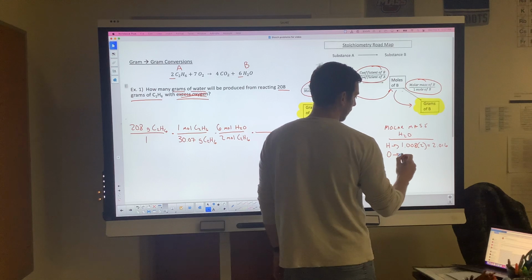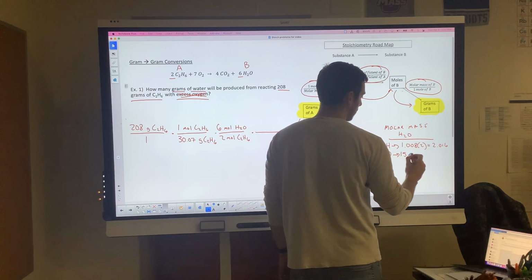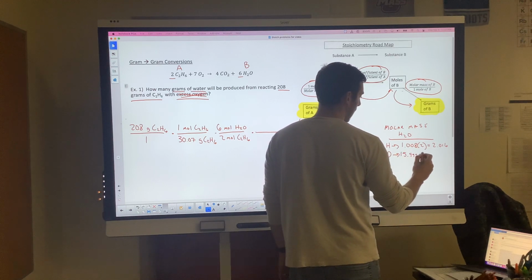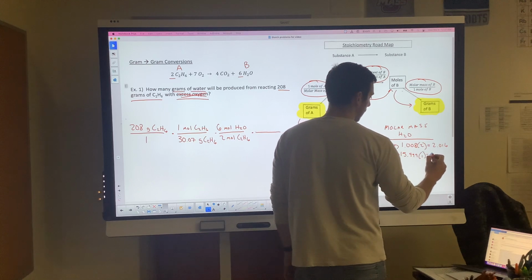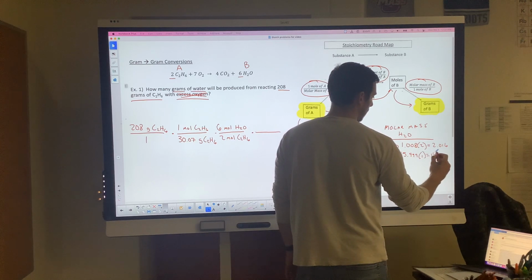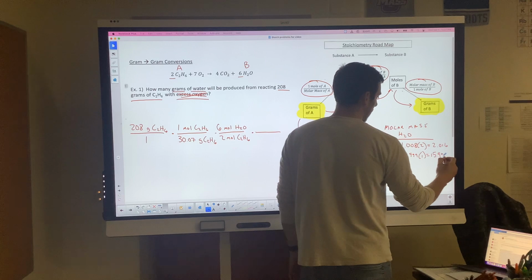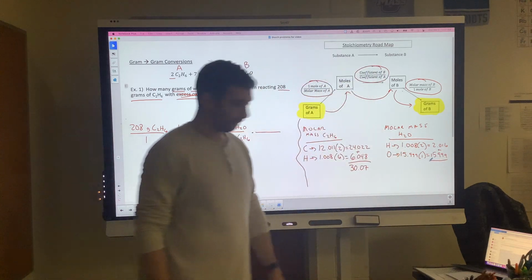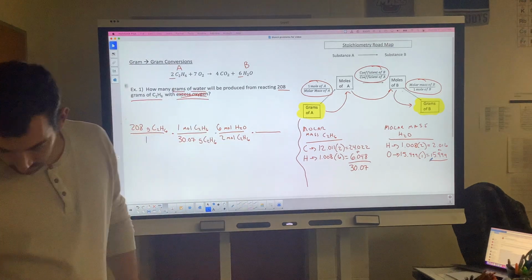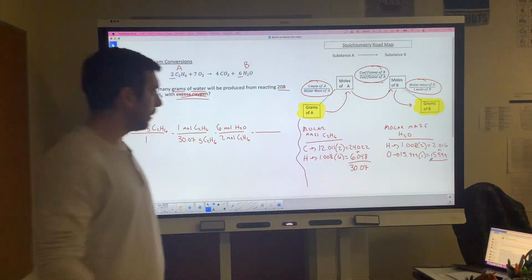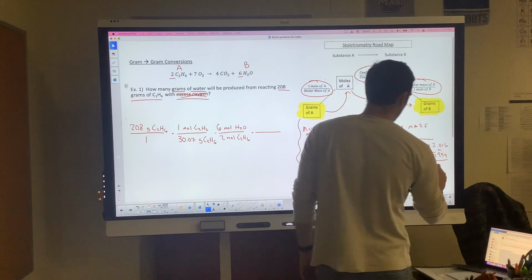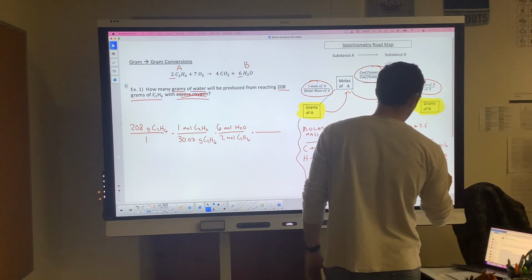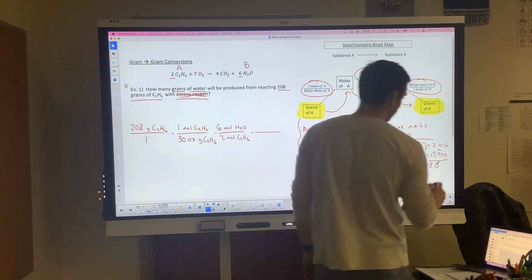We'll do the same thing for oxygen. Its molar mass is 15.999. Multiply it by 1, so that'll stay as 15.999. We add those two together and we get 18.015.